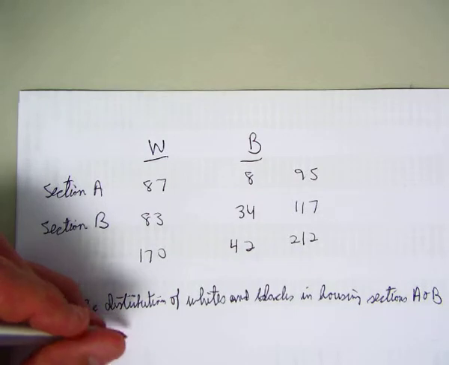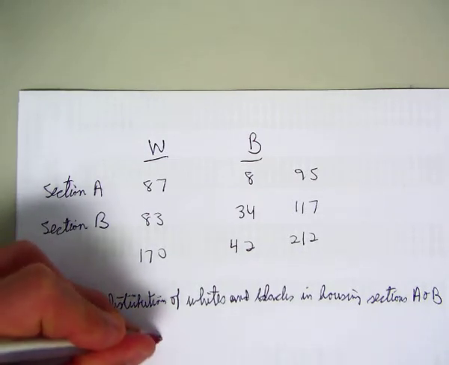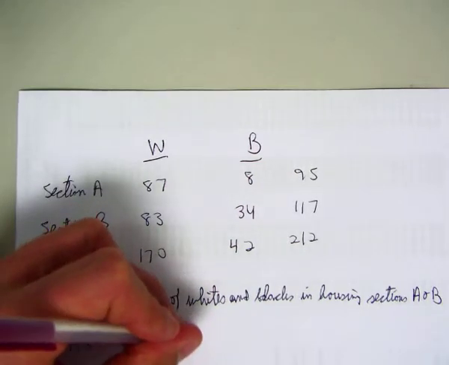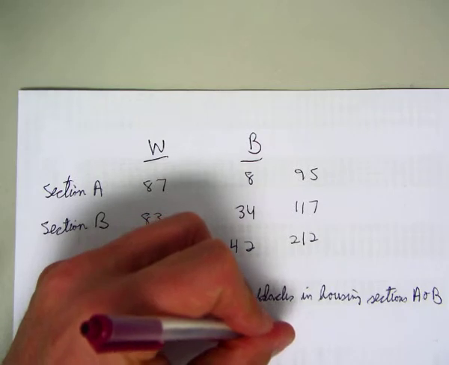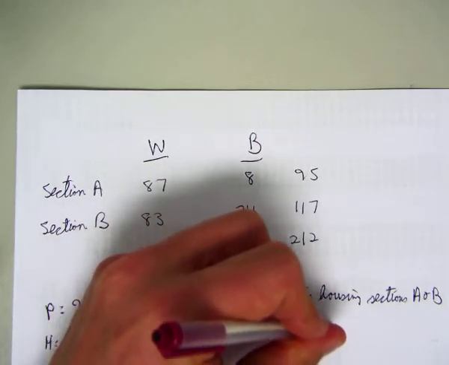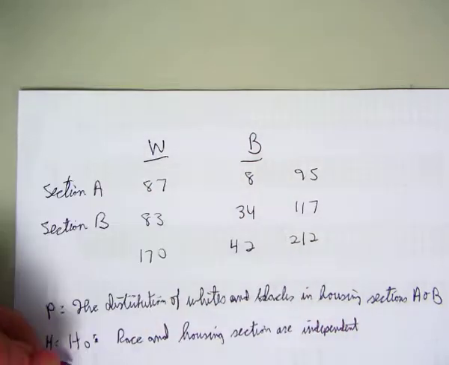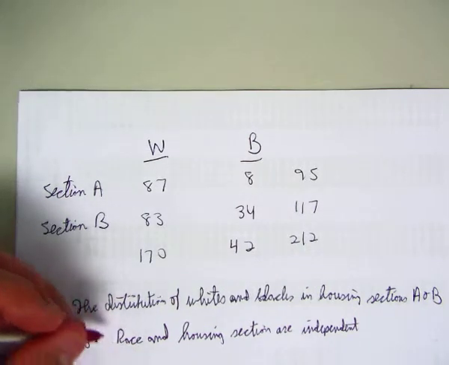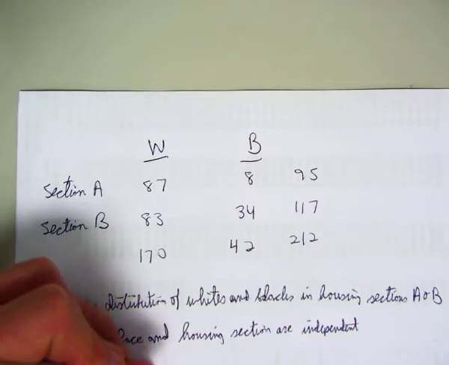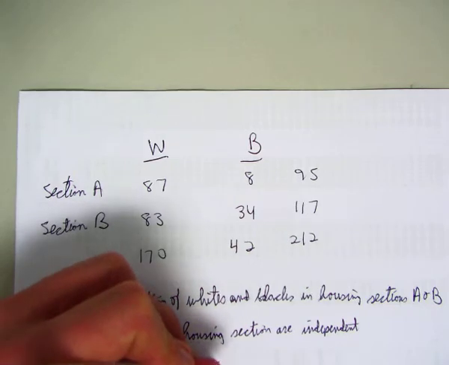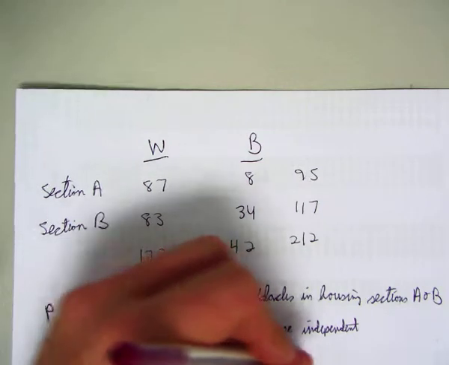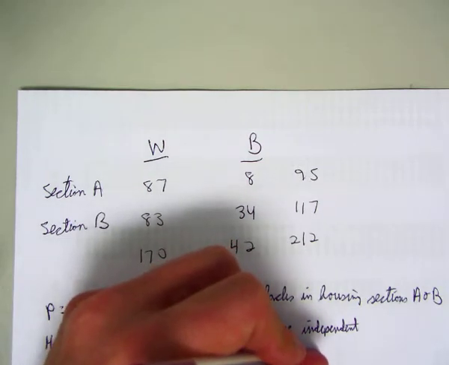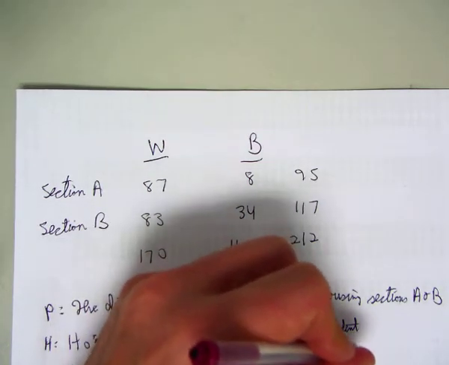So we're going to say that race and housing section are independent. And then the alternative is that there is an association between race and housing section.